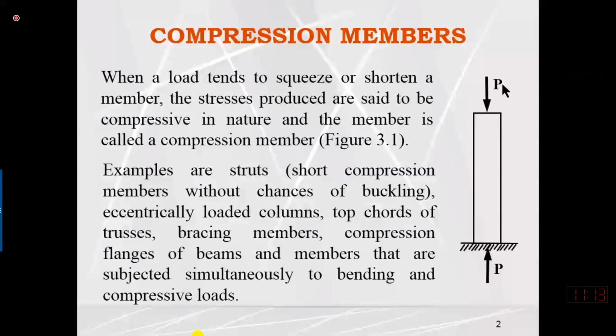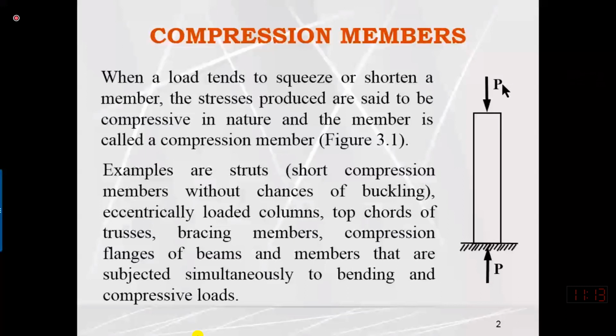So the member will fail when the stress in the column or material is more than the yielding stress. But the same member, if it is subjected to compressive force, will fail in buckling. So I kept on increasing the load.